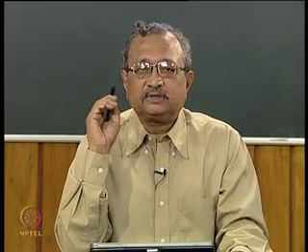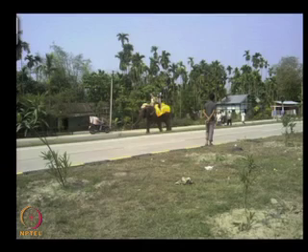Another context specific application. This figure was taken during an election in Assam. Now, the elephant, and on top two persons, and a few people are following it for an election campaign.